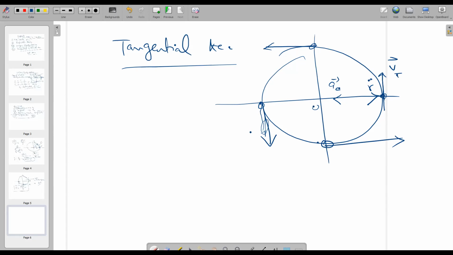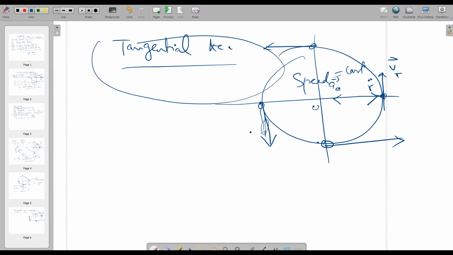So in the uniform circular motion, in the previous case, we have seen that speed is constant but direction is changing. If speed is variable, speed is changing, and direction is also changing, then we use the concept of tangential acceleration.